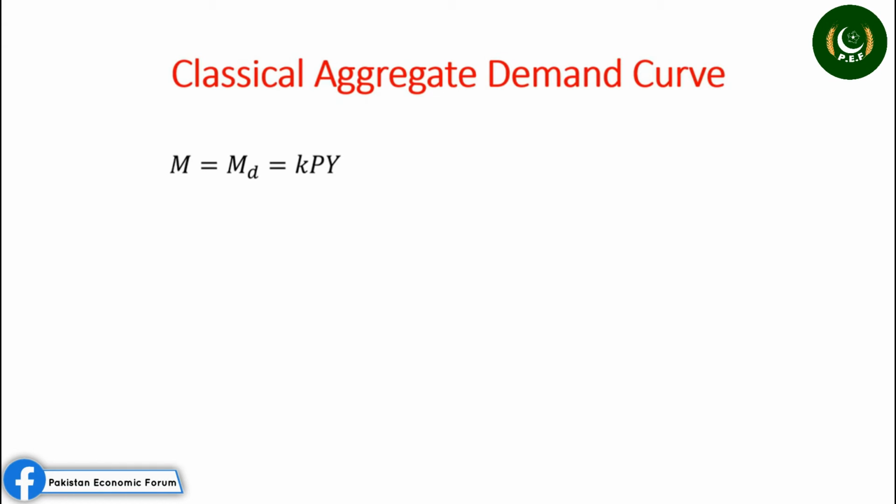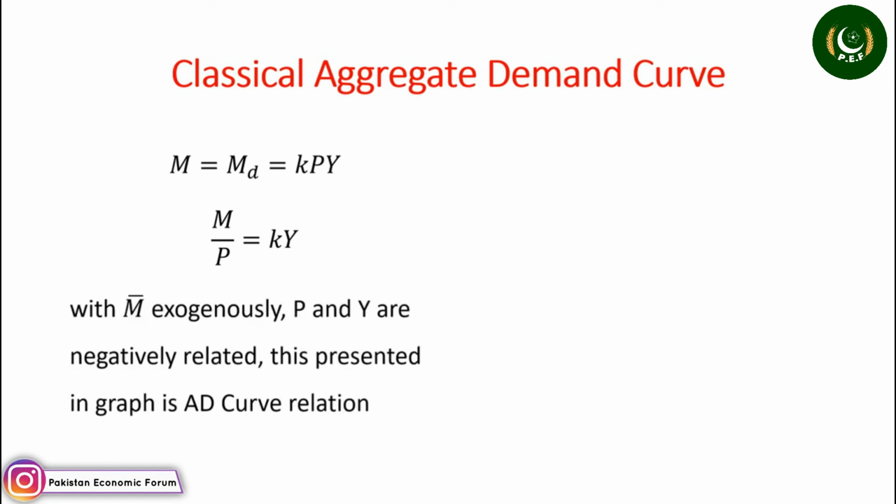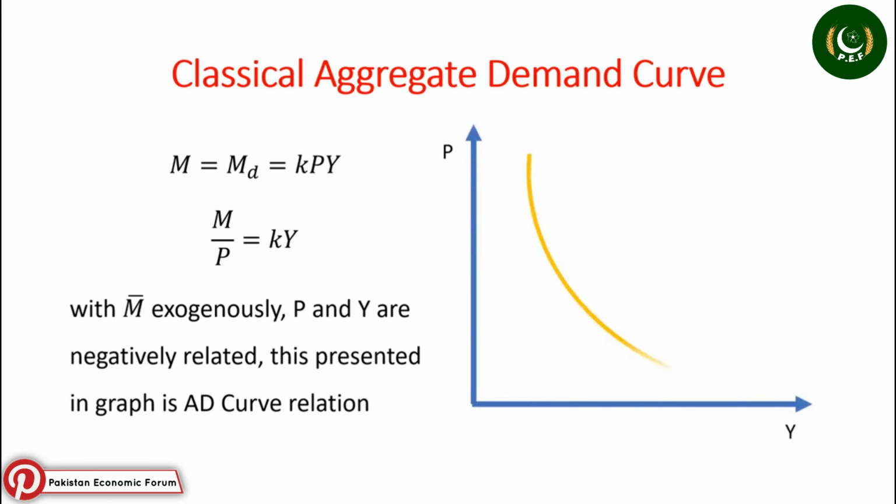So, the real demand for money, that is MD over P, will be equal to, and therefore the money demand is a function of income, and this is plotted on the space of price level and output level, gives the aggregate demand curve as per classical economists.